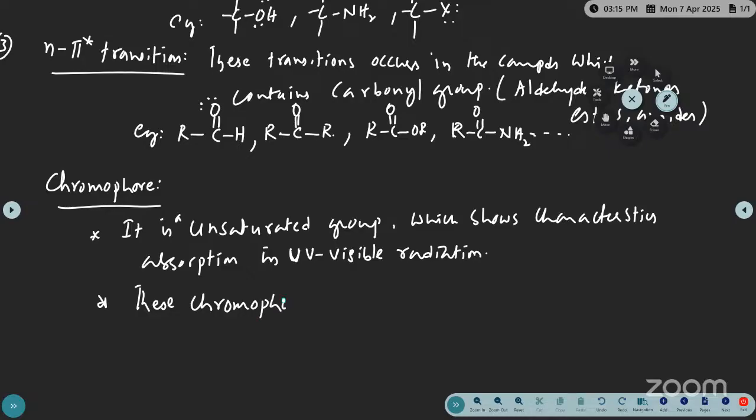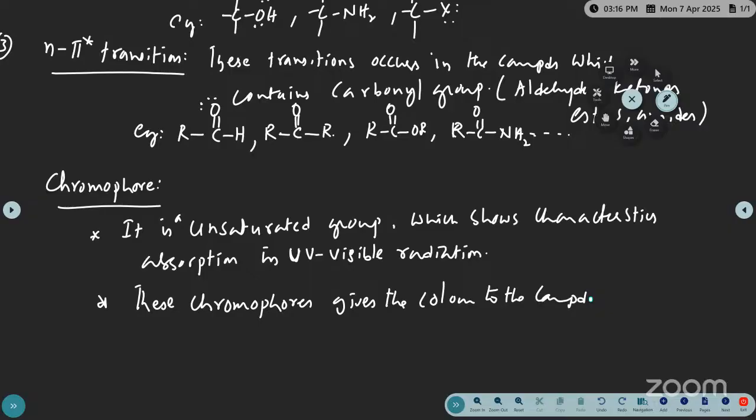Unsaturated groups show absorption in UV and visible. Iron shows which color?